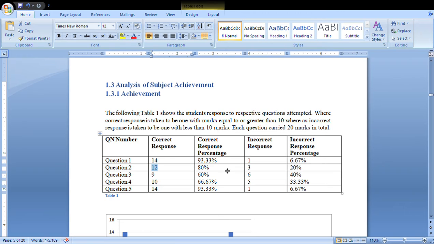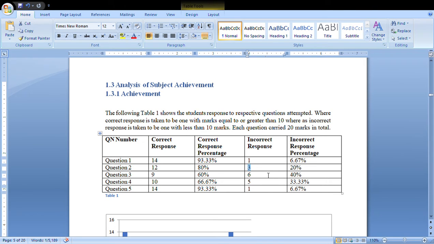So this means 80% of the students got a correct response. For the incorrect ones, you take 15, which is the total number of students, and you subtract 12 of the correct respondents, and then you have 3, which is the total number of incorrect responses.